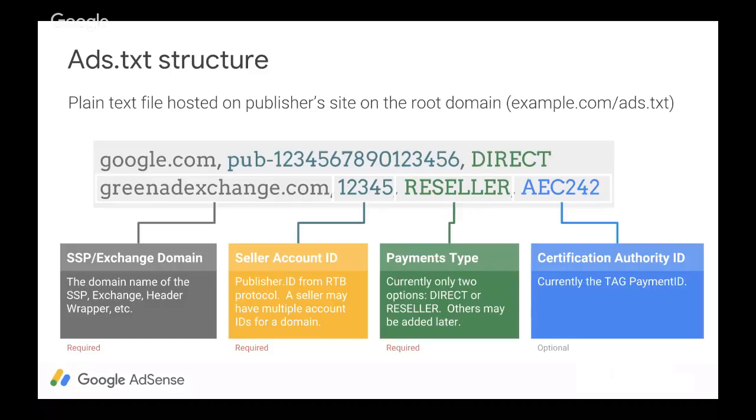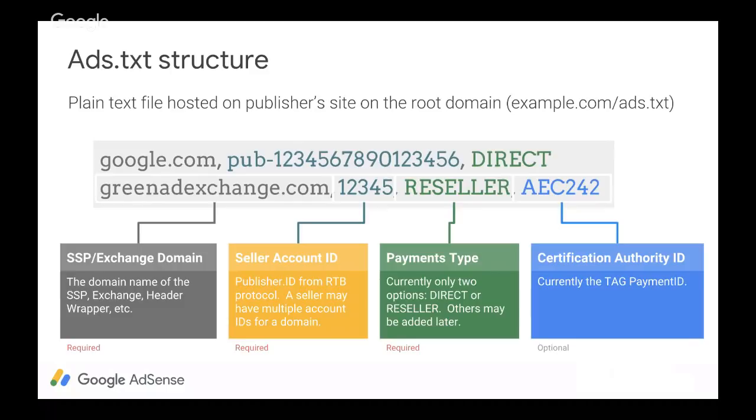The first one is the exchange domain, or the SSP domain, followed by the seller account ID, or publisher ID, as it's also called, which is basically the ID associated with the publisher's account on an exchange or an SSP platform.